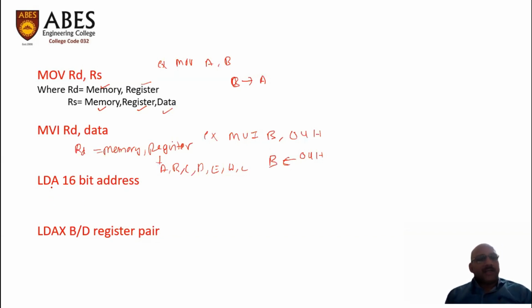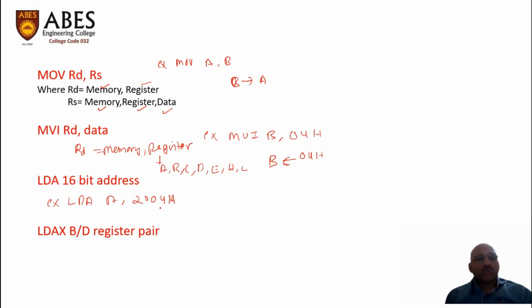Now the third instruction is LDA. LDA means load the accumulator from the given address. This address is basically a memory location. I will explain with an example. LDA 2004H. What does it mean?